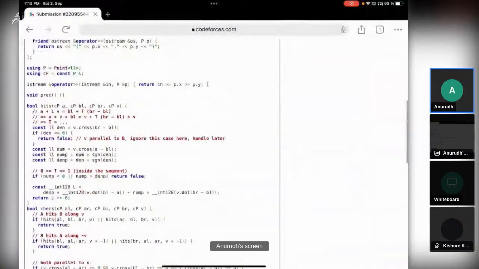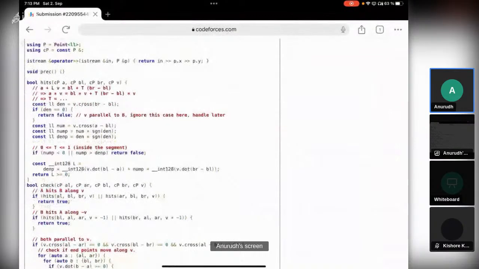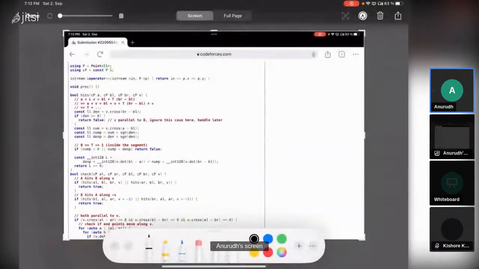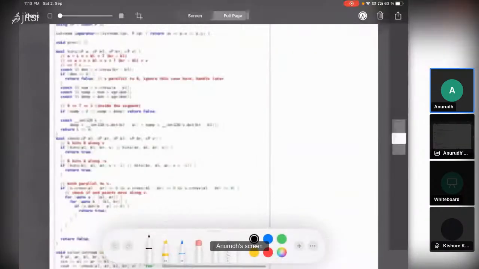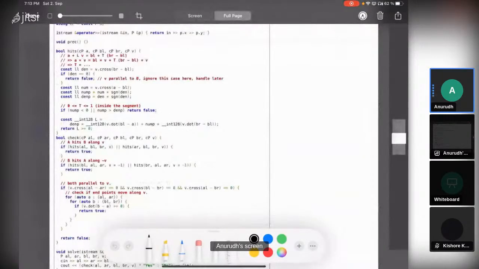Yeah, so the actual code just starts from here. Okay, I think this should work.